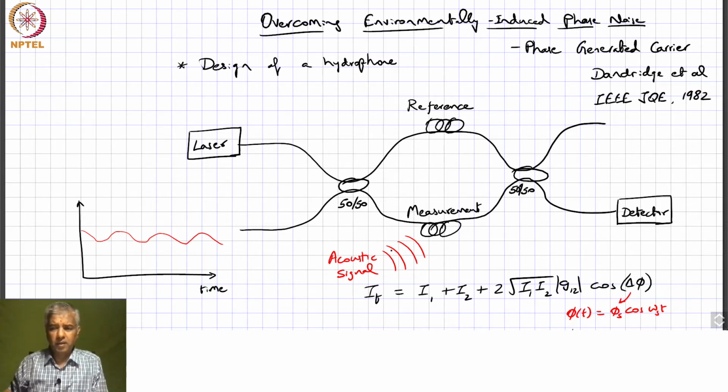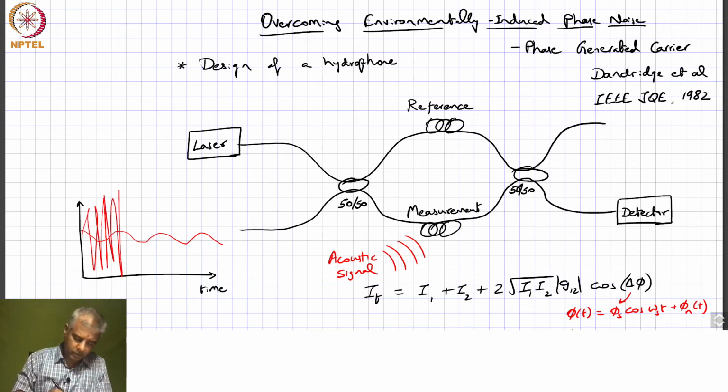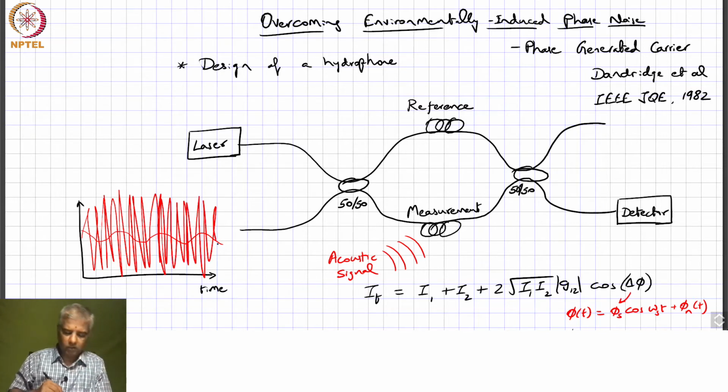But then the real problem is that you also have a lot of noise that is submerged in. So, there is actually a phi n of t as well. Okay. There is a lot of phase noise which is completely burying your actual signal.